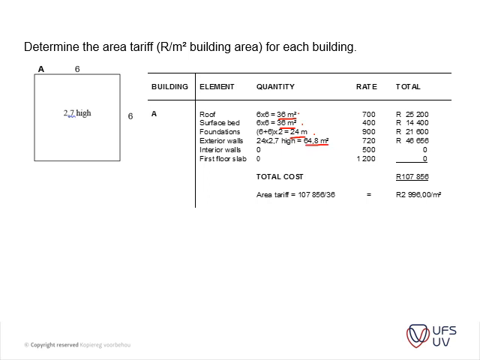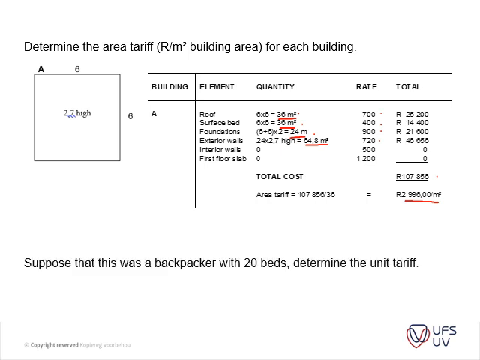So you've got a total elevated square meter of 64.8, and then you just use your rates and multiply it out to get your total cost, and your area tariff is thus 107,856 Rand divided by 36 to get an area tariff of 2,906 Rand per square meter. Very straightforward stuff thus far.